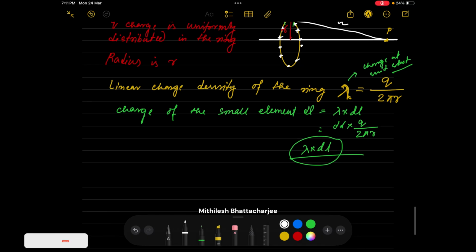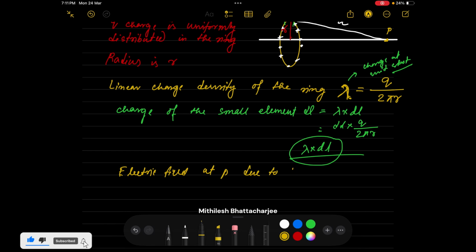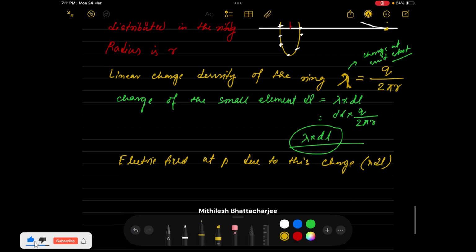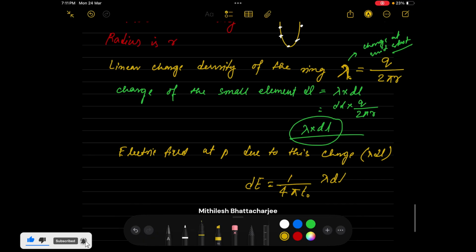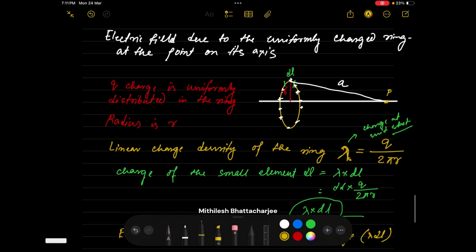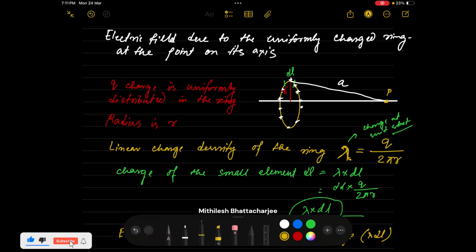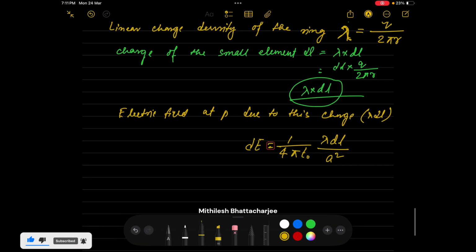Then the electric field at P due to this charge lambda dl will be dE equals 1 by 4 pi epsilon naught lambda dl by a square.